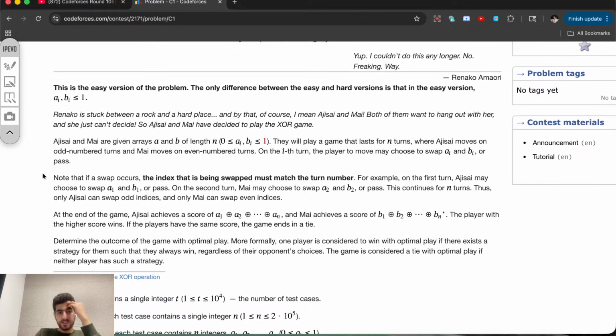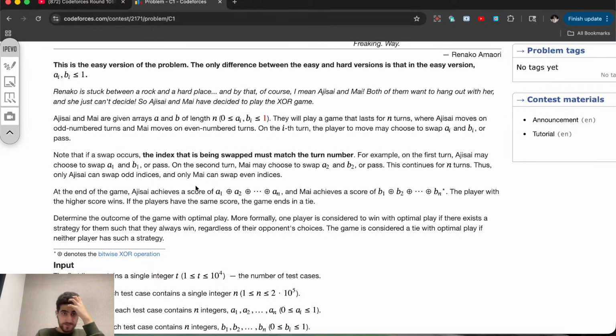They have to play the XOR game and are given arrays A and B of length n. A_i and B_i are up to 1. They will play a game that lasts for n turns, where Ajisai moves on odd numbered turns and Mai moves on even numbered turns. On turn number i, the player to move may choose to swap A_i and B_i or pass. Note that if a swap occurs, the index being swapped must match the turn number.